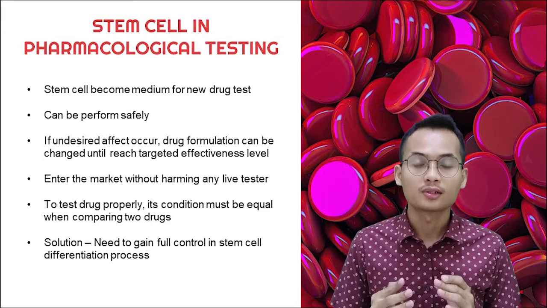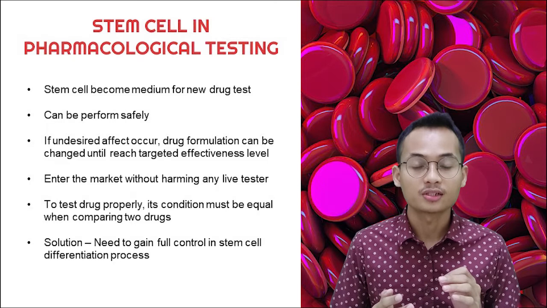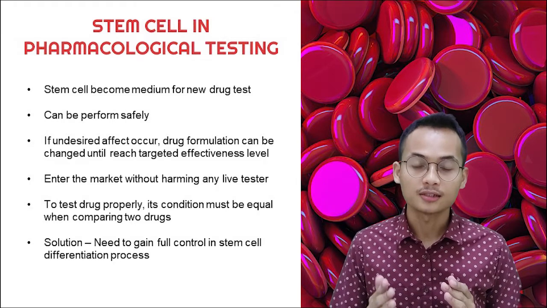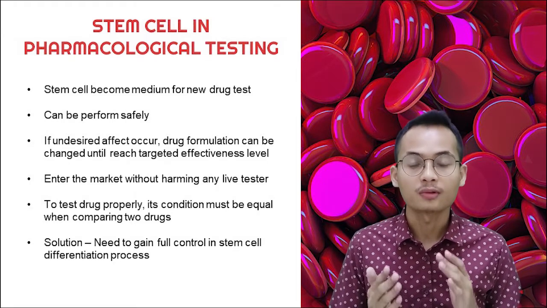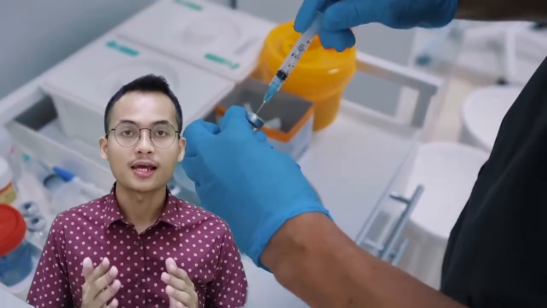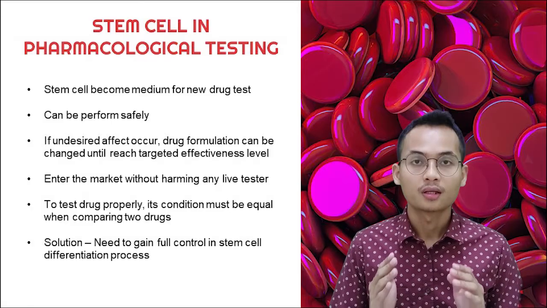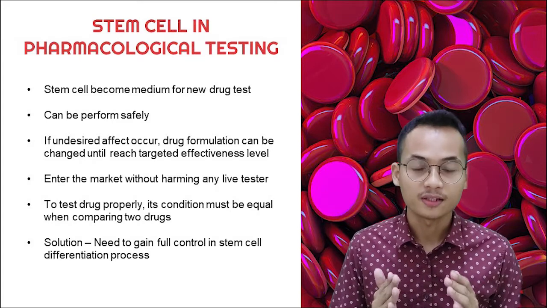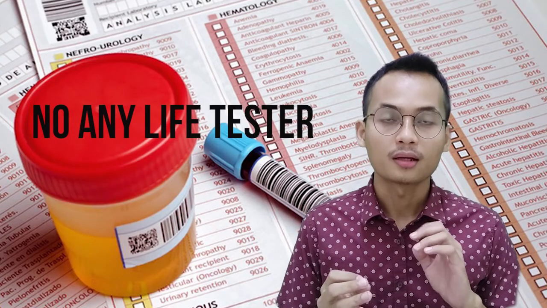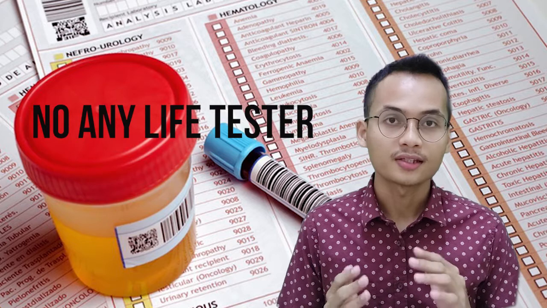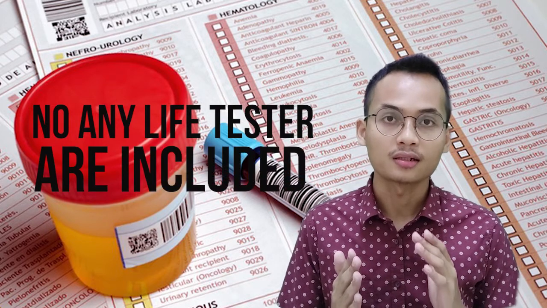Next, we move to stem cells in pharmacological testing. Currently, researchers have found that stem cells can be used as a medium for new drug testing. It can be performed safely as no live testers are included in the testing.